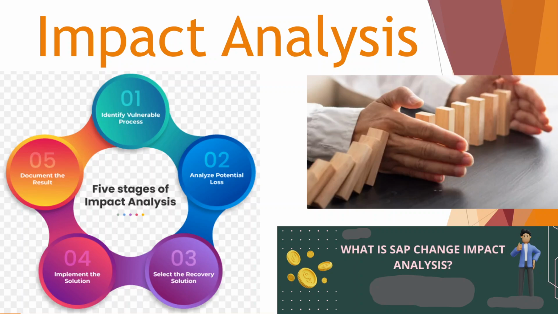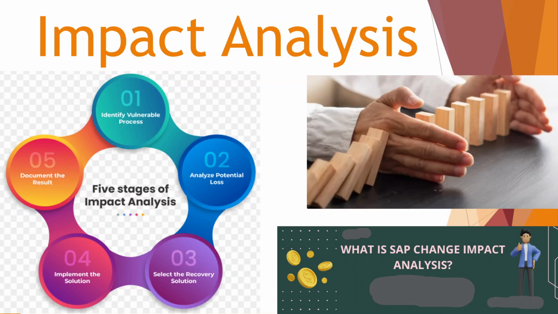Similarly, the right hand side bottom image is simply saying what SAP change impact analysis is, what we should do, what we should not do, and what points are to be kept in mind while dealing with such events, activities, situations, circumstances.